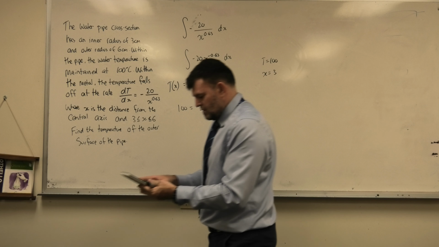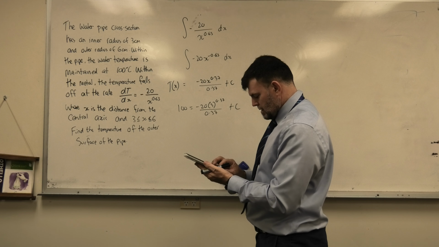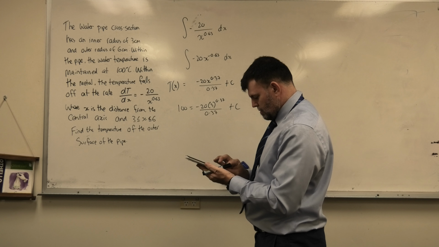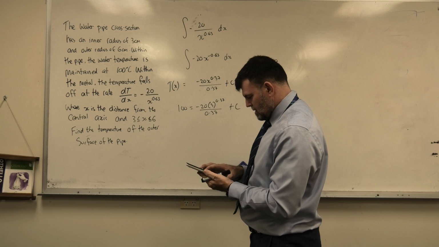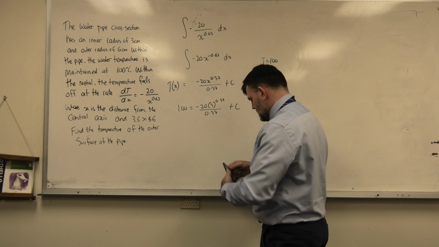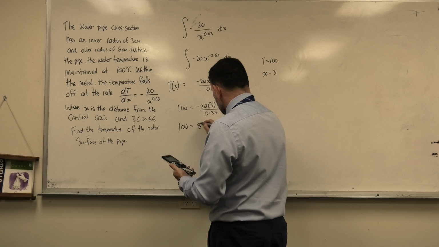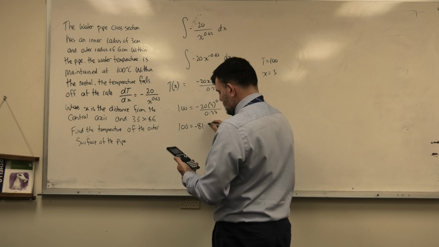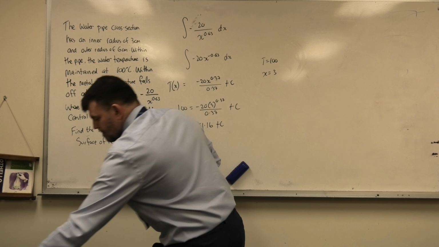Negative 20 times 3 to the power of 0.37, divided by 0.37, gives us 100 is equal to negative 81.16 plus c.